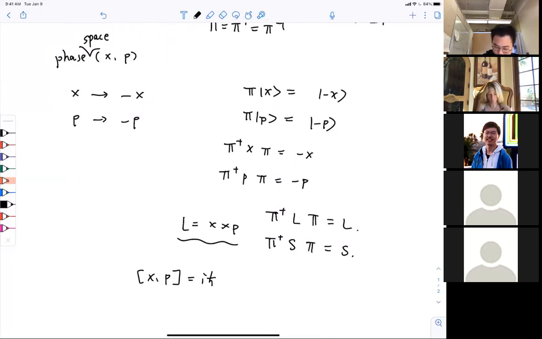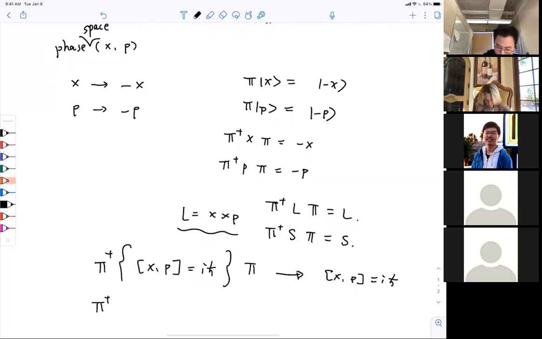If you apply the parity operation, you still get this. Similarly, for the spin algebra, you still get the same spin algebra.